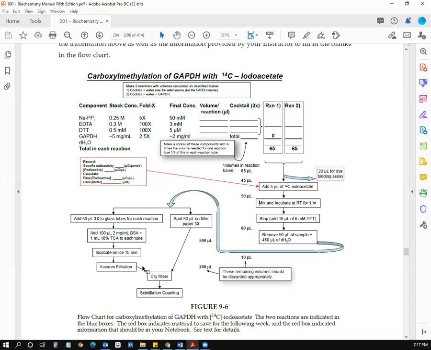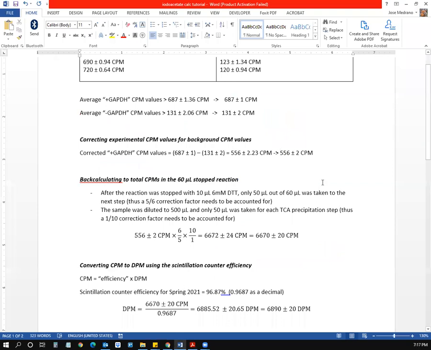And so the only thing that we need to account for is that this filter here was only 50 microliters of what was originally a 500 microliter diluted sample. That's our other conversion factor that we need to take into account when we're doing our back calculations. Thus, we need to take into consideration a 1 to 10 correction factor, because these TCA precipitations are only a tenth of this 500 microliter dilution.